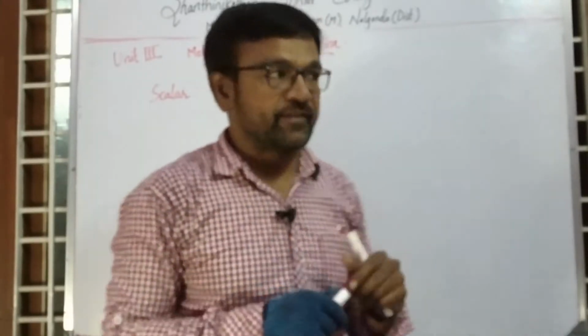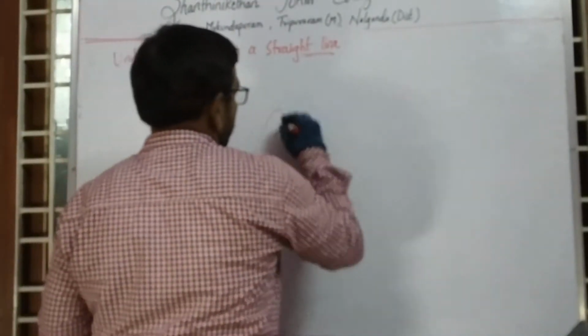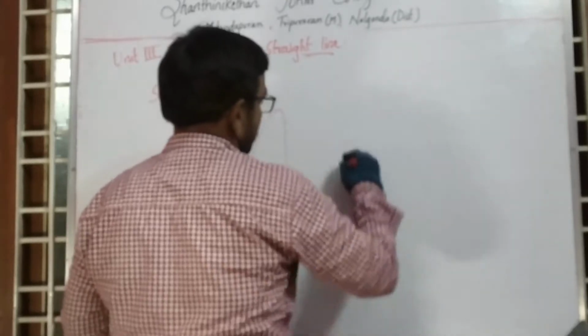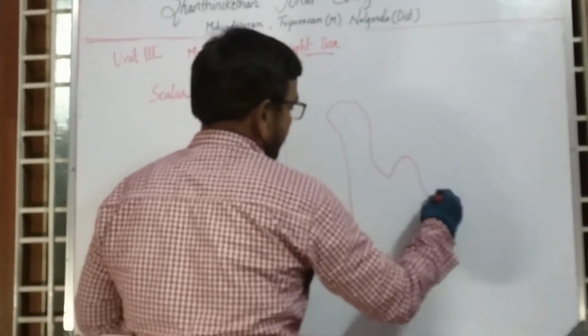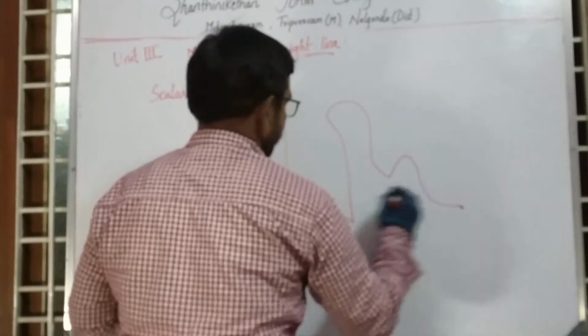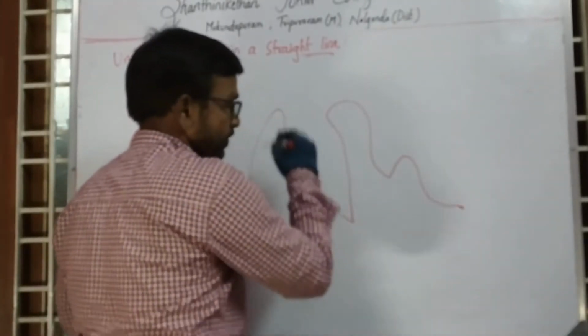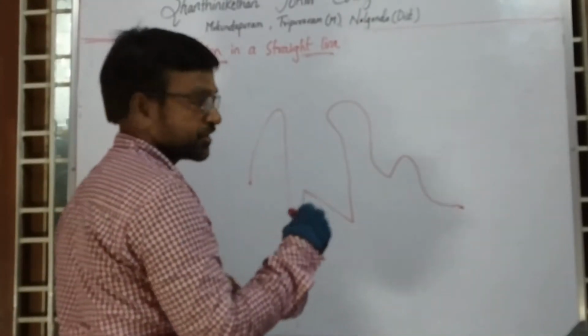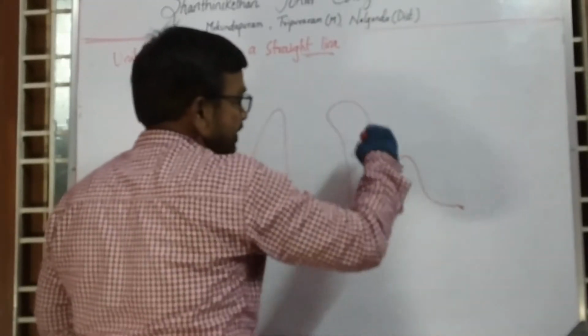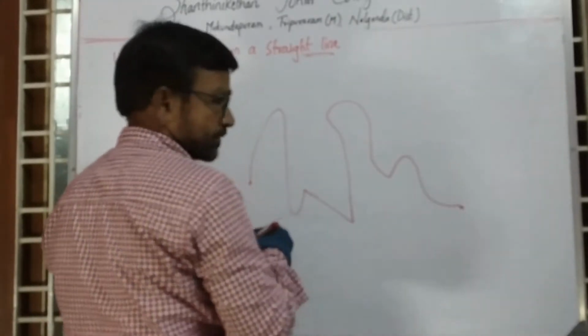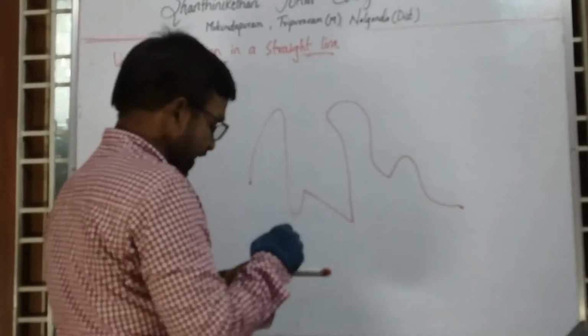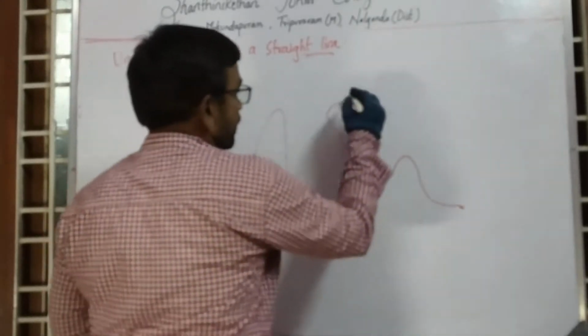Maybe it may travel in a zigzag position, once like this, once like that, whatever the direction will be, but it reaches the final point. It does not maintain any direction, but it has some magnitude. Magnitude means some value.